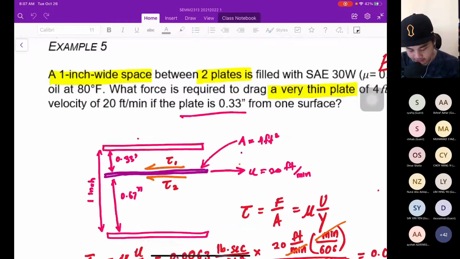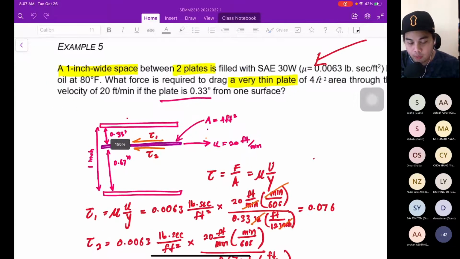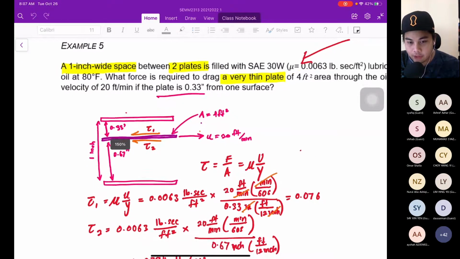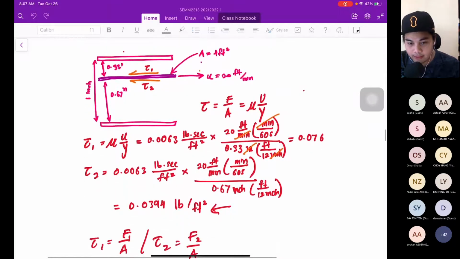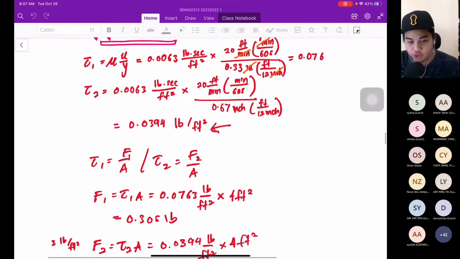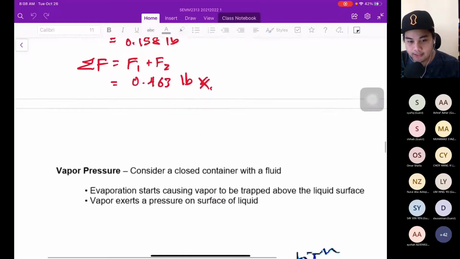The top shearing stress, tau 1, and the bottom shearing stress, tau 2. Okay, from what you learn, once you get tau 1 and tau 2, convert into force by multiplying with area. And then you get force 1 and force 2 plus together.